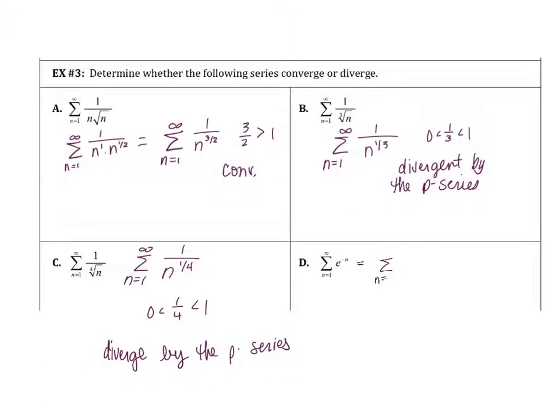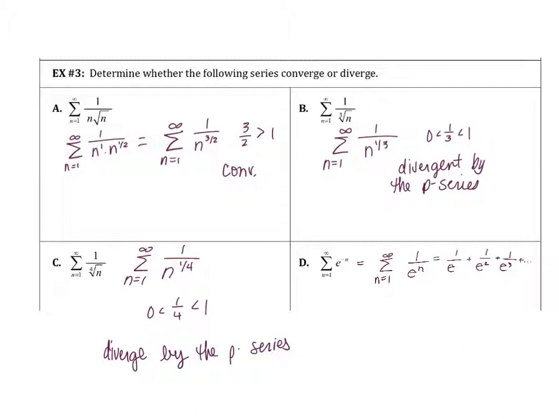So I'm going to have from n equals 1 to infinity, and that's really going to be 1 over e to the n. Now I have no idea what the value of n is, but I can plug in. Notice it's going to rotate through, so I'm going to have 1 over e plus 1 over e squared plus 1 over e cubed. And so this is looking awful geometric here.